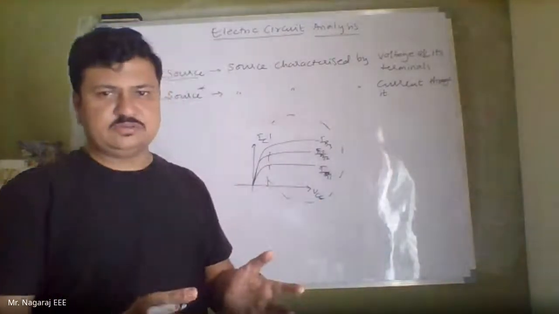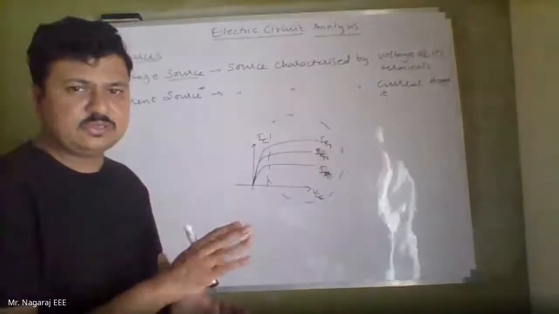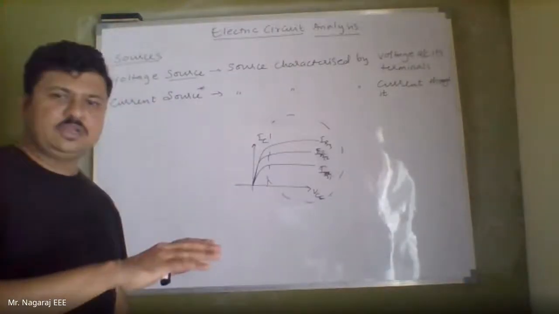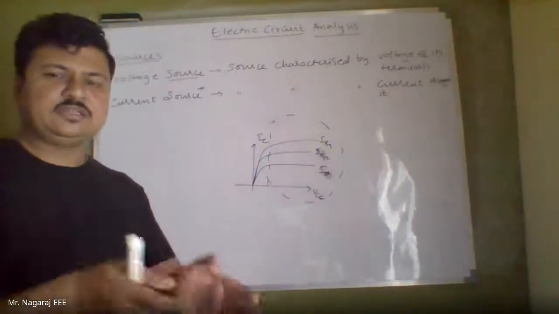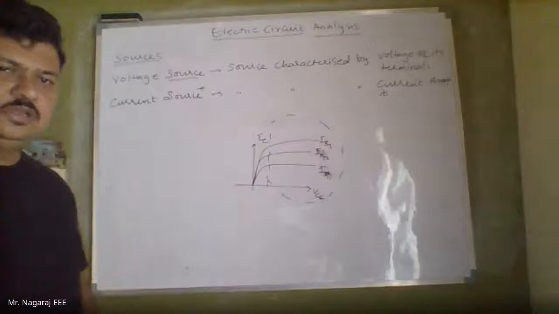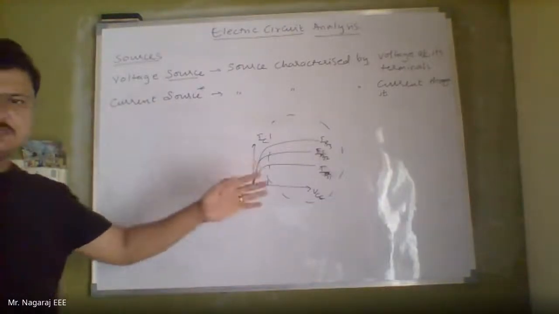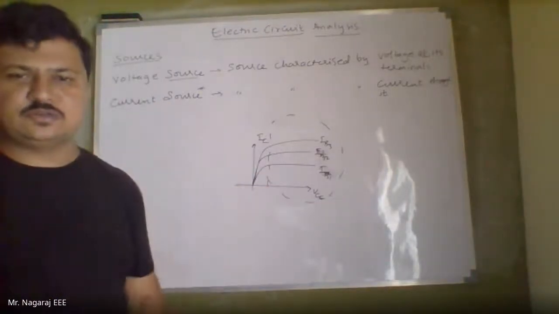So the same voltage source is converted to a current source simply by adding a resistance in parallel to that. If across a voltage source I add a resistance parallel to that, it becomes a current source.